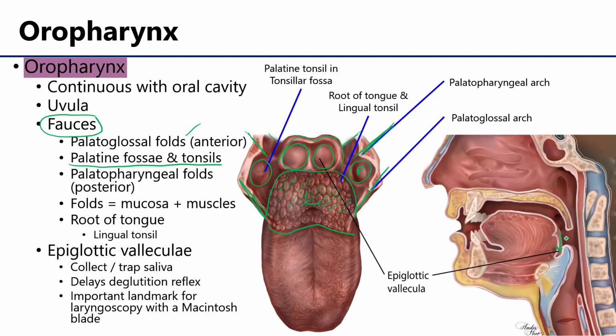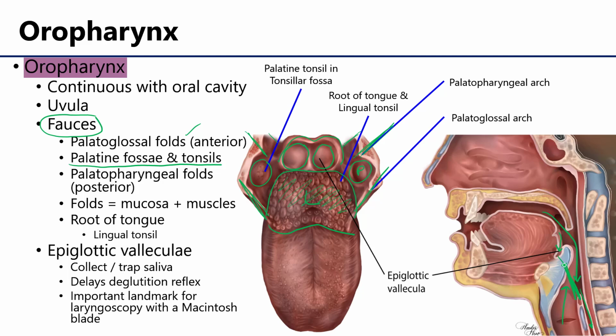So when deglutition occurs, the larynx is elevated, the epiglottis is slightly depressed, and materials move from the oral cavity down through the pharynx and continue on down through the esophagus with a little bit of luck. Reflex helps to close off the respiratory pathway.